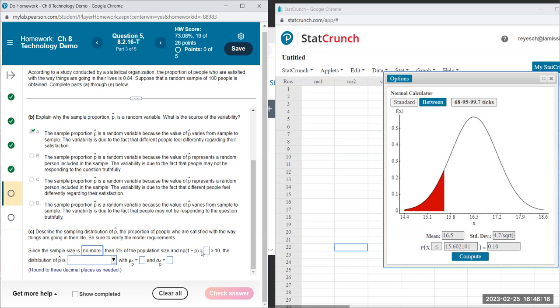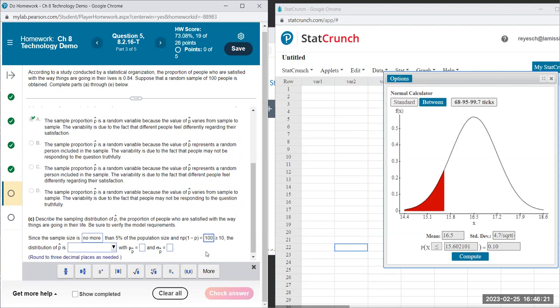Okay, we're going to take n. I'll put it here, then I'll put it on the calculator. The sample size, which was 100, we're going to multiply by the population proportion. For mine, it's 0.84. So for the population, the people who are satisfied, the way things are going, is 84%. And I'm going to multiply it by 1 minus 0.84.